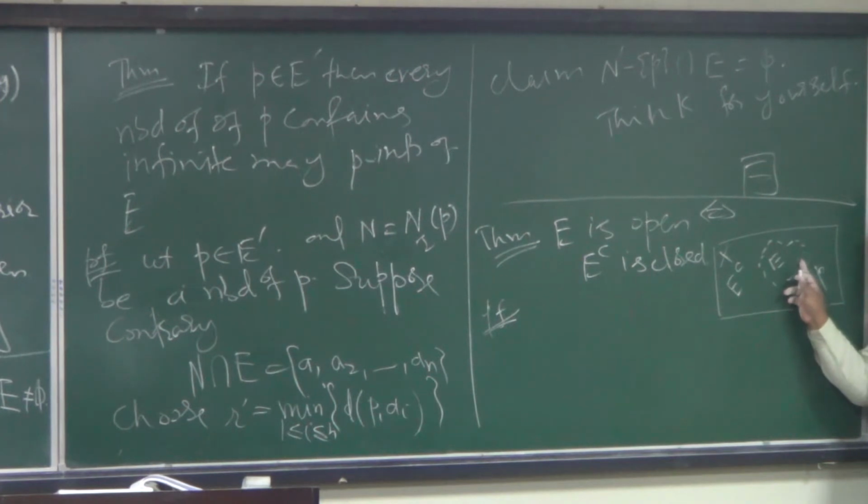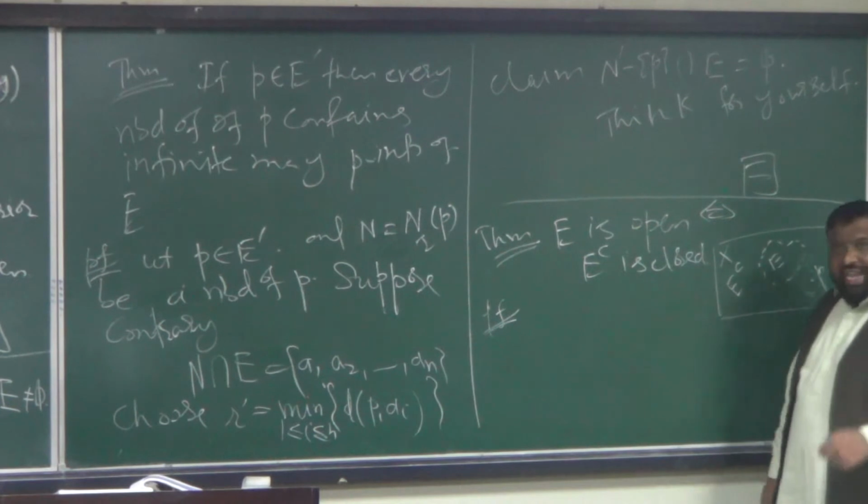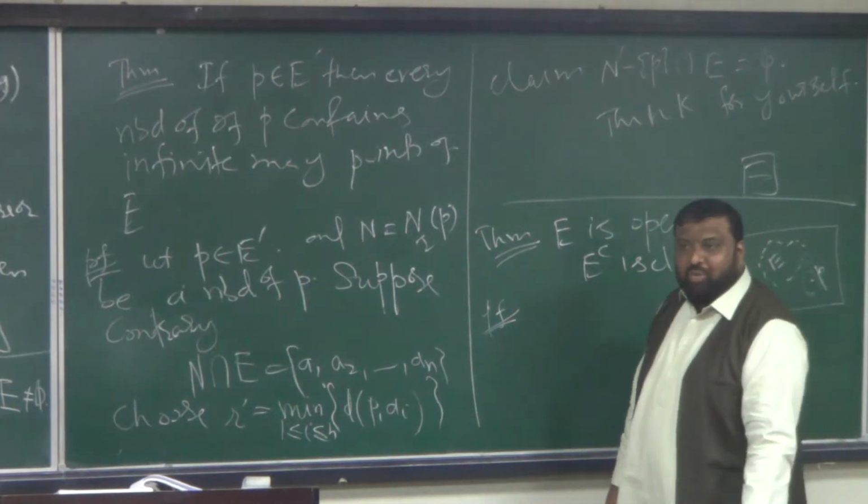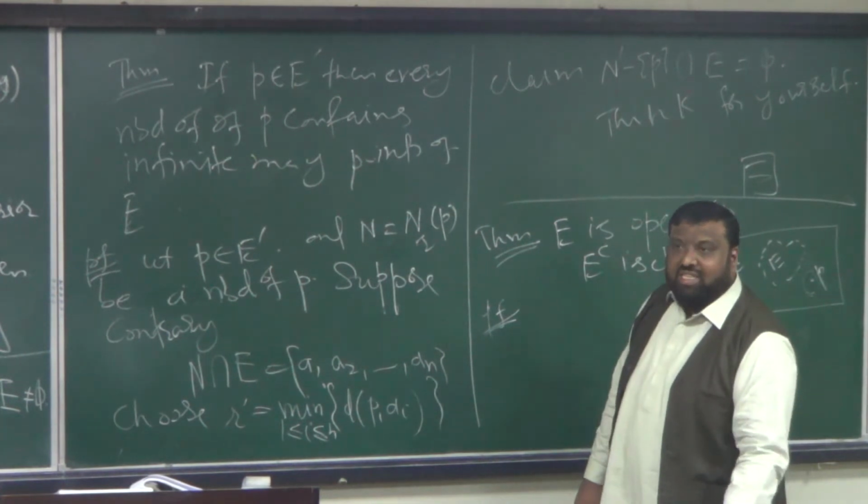Can this point be inside E? We're going to say it can't be inside E. Maybe the better way to argue is to ask, can a point inside E be a limit point of E complement? The answer is no.